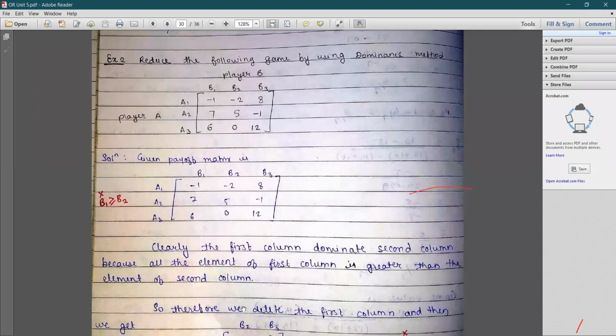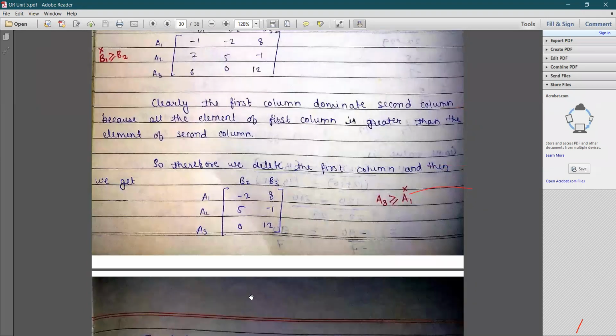So we delete the first column and then we get the matrix A1, A2, A3. The first column B1 is deleted, therefore here write B2, B3. Then the first row elements are -2, 8, the second are 5, -1, and the third row are 0, 12.